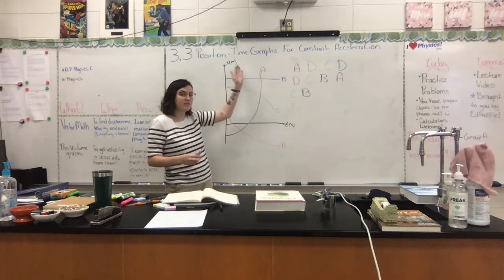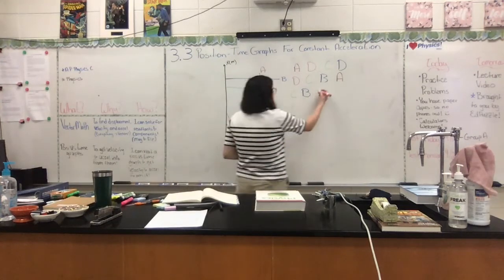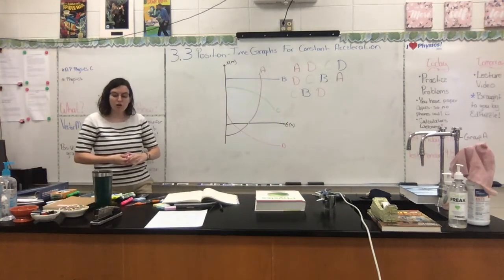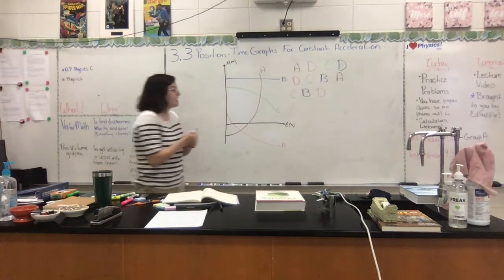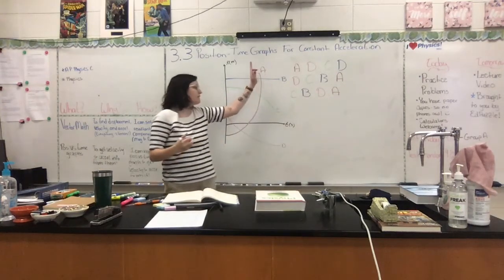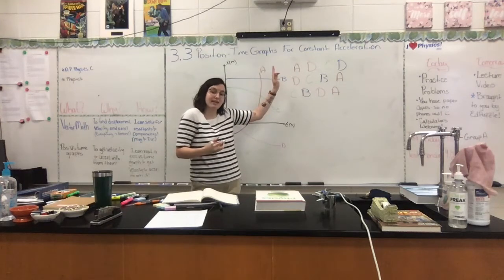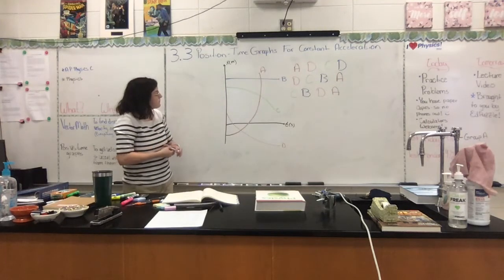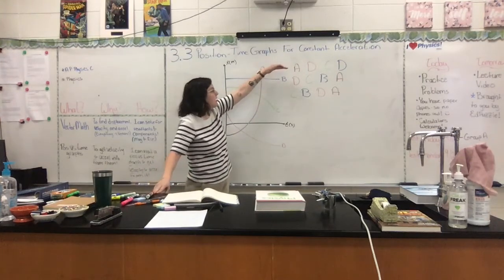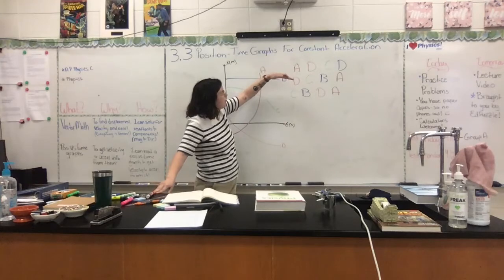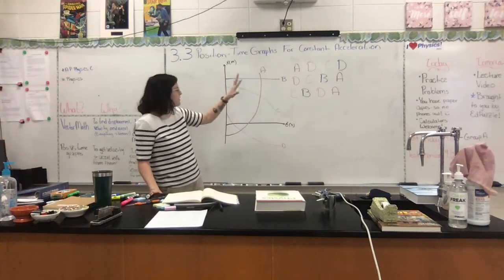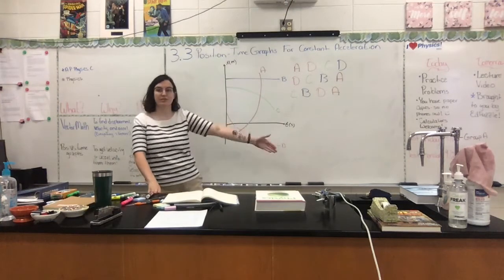You notice how A curves much more steeply than D. So D is going to be our next. And then finally, our most positive acceleration is going to be A, because A curves up, and A curves up steepest, all right? So from most negative to most positive of our position, our velocity, and our acceleration, we got all of that from this one position versus time graph.